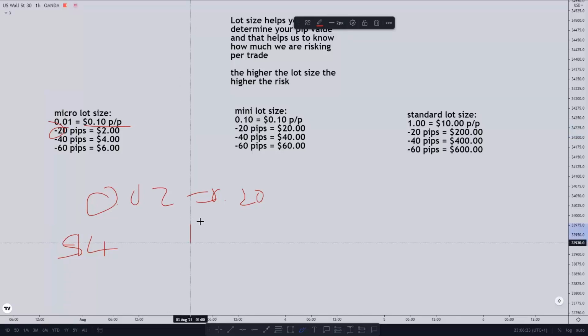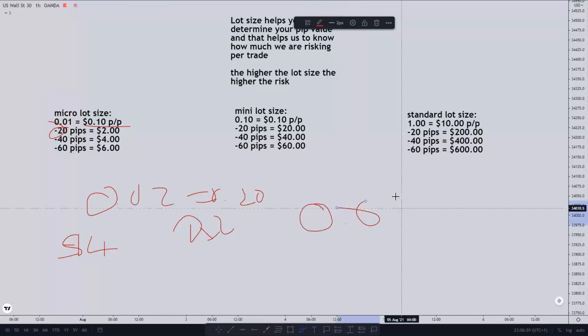It's more like 10 cents times 2, right? It's more like opening 2 trades at a 0.01 and another trade at a 0.01, right?